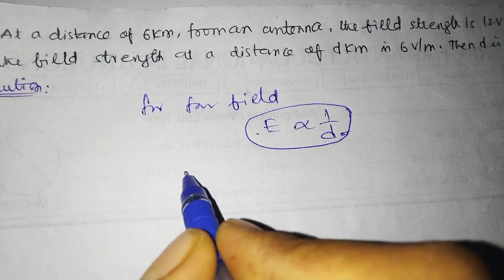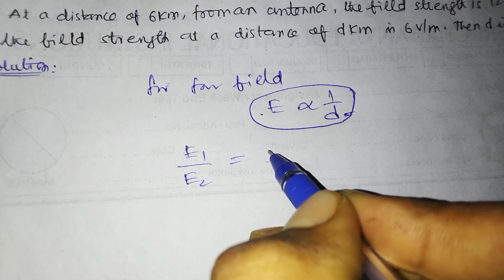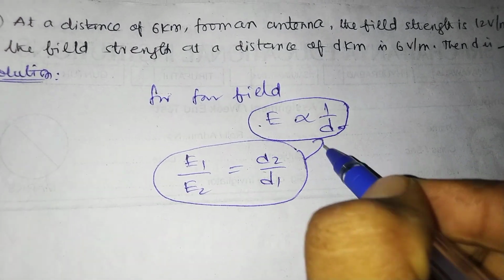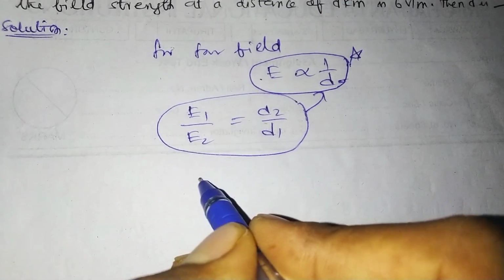So we have the condition E1 by E2 equals D2 by D1. This is the equation from this formula. It's very important.